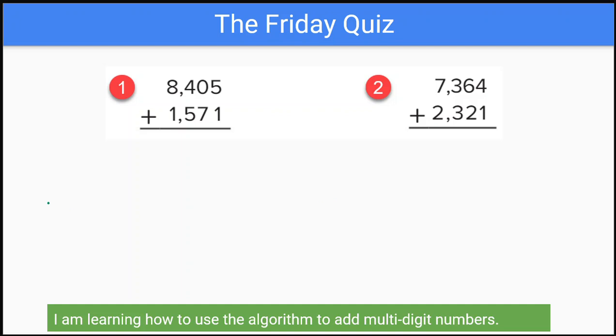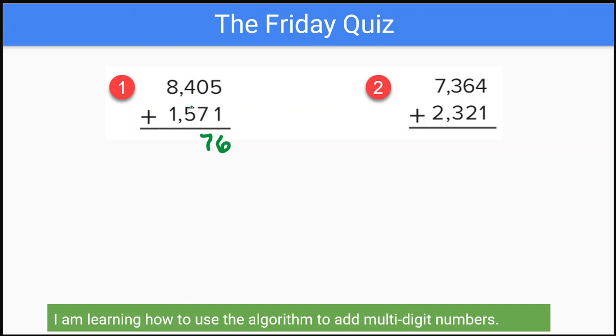Okay, well, here's what you're going to see on the Friday quiz right here. And I think I'm just going to do one of these and you can figure out the other one, okay? The important thing is that you keep everything lined up. Keep the ones lined up, and then the tens, then the hundreds, then the thousands. So we have 5 plus 1, that's 6. We have 0 plus 7, that's 7.